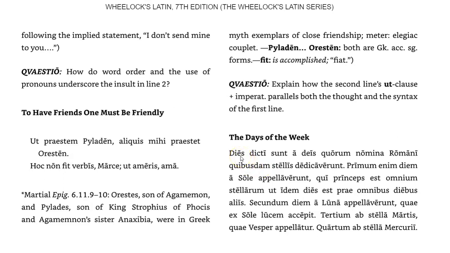So what we have is the days have been named or are called by the gods. Dikti can also mean are called or are named. So the days are named, literally have been named, from the gods whose names the Romans had dedicated to certain stars.